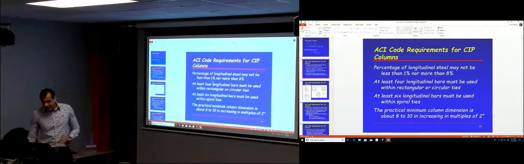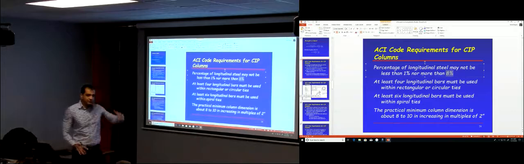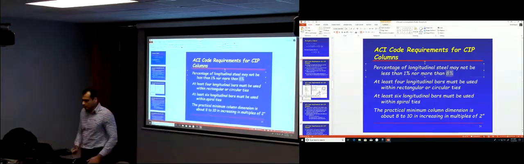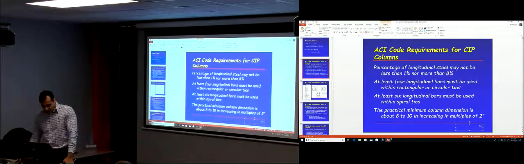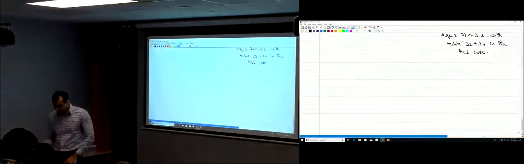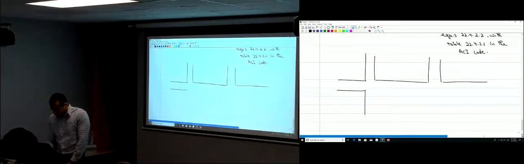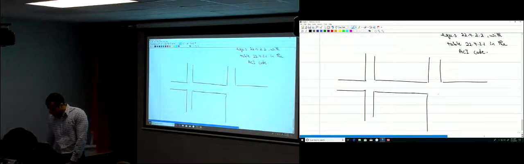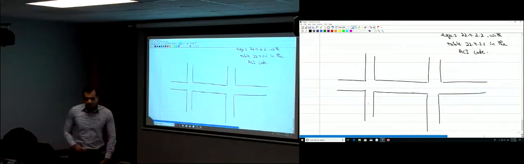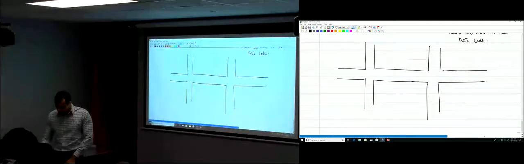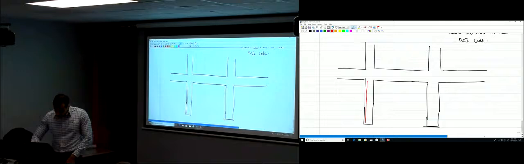So now, why is that misleading? You now understand why this 8% is required. When you have a multi-story building, like the one that we are in, you have to understand the method of construction. So you have a building, you have a slab here and columns here. You're going to start building those columns, and you have some longitudinal bars here.